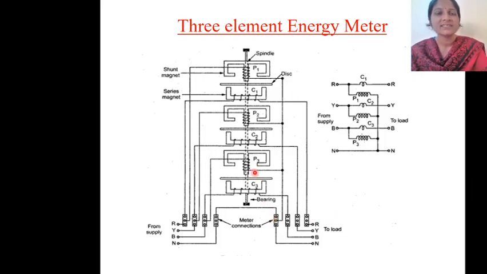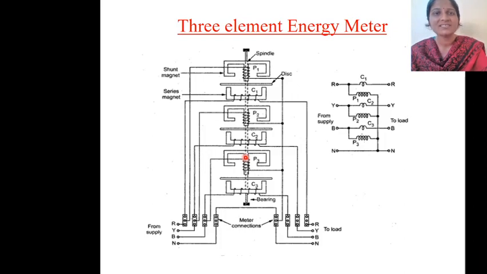And coming to the working principle, there are three elements here. Each element will have a driving torque. For the first element, the driving torque is TD1, for the second element TD2, and for the third element TD3. The total driving torque TD is equal to TD1 plus TD2 plus TD3, and this driving torque is equal to the braking torque.